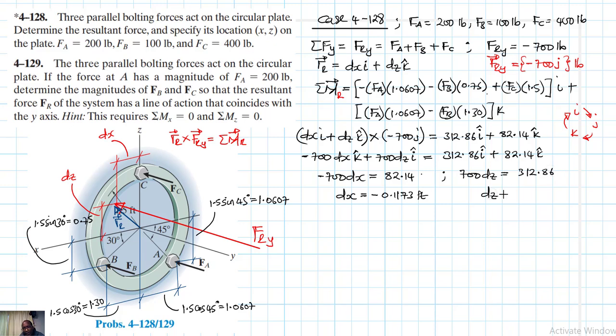Therefore, dz is just going to be equal to 312.86 divided by 700. So this gives us 0.4469 feet.